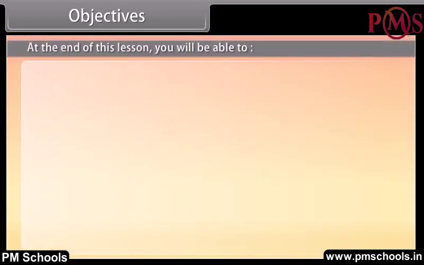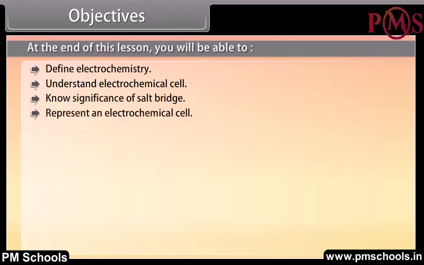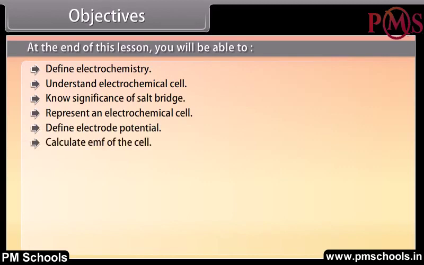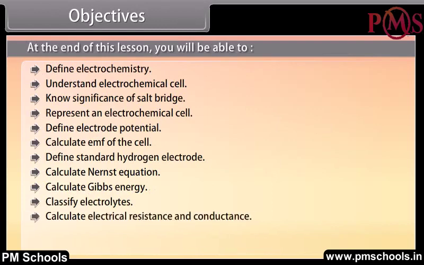At the end of this lesson, you will be able to define electrochemistry, understand electrochemical cell, know significance of salt bridge, represent an electrochemical cell, define electrode potential, calculate EMF of the cell, define standard hydrogen electrode, calculate Nernst equation, calculate Gibbs energy, classify electrolytes, calculate electrical resistance and conductance, calculate cell constant, and explain Kohlrausch's law.